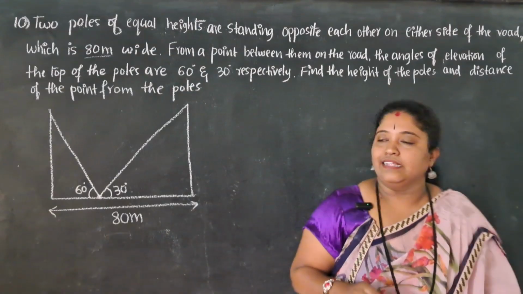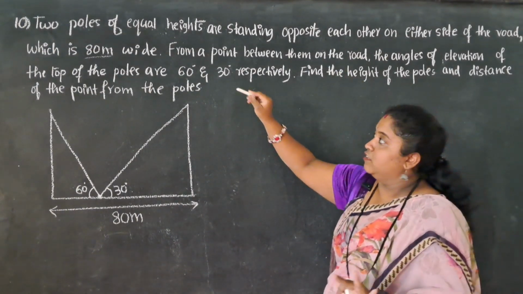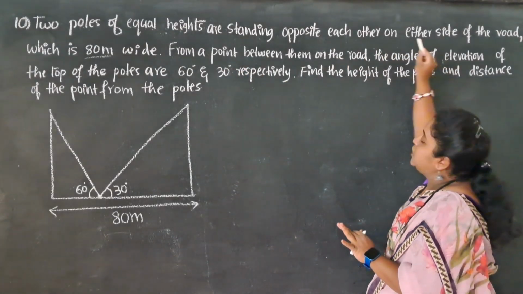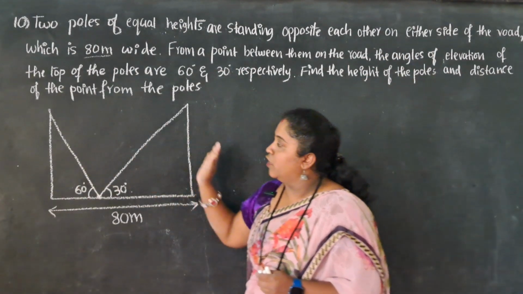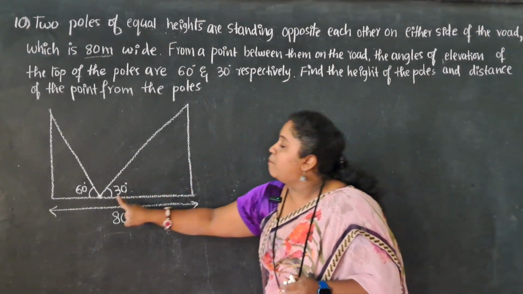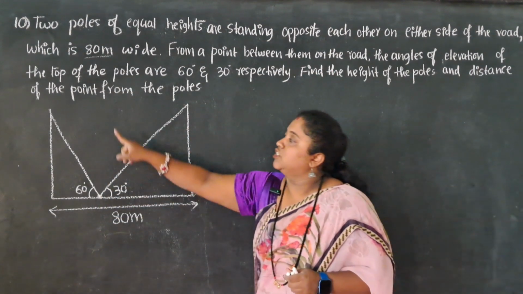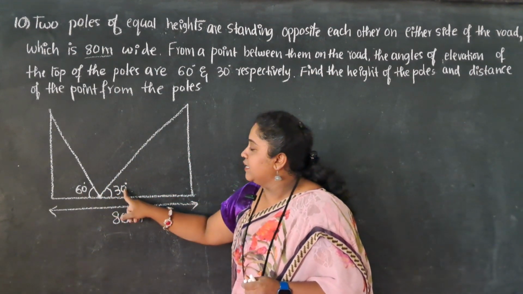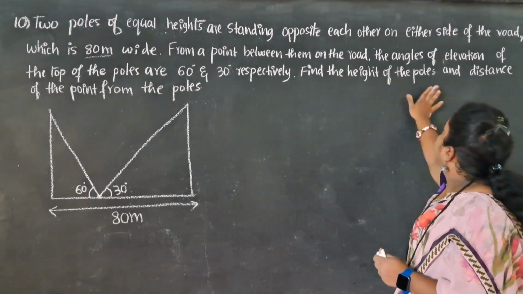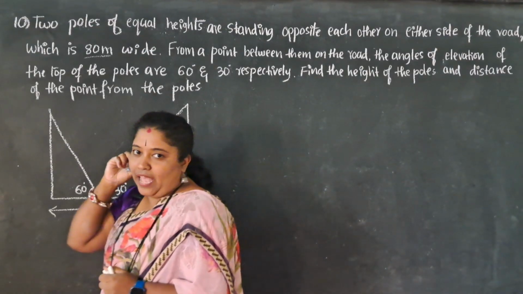Just carefully listen to the board. Two poles of equal heights are standing opposite to each other on either side of the road, which is 80 meters wide. From a point on the road, the angles of elevation to each pole are 60° and 30° respectively. Find the height of the pole and the distance of the point from the poles. This is what we need to calculate.